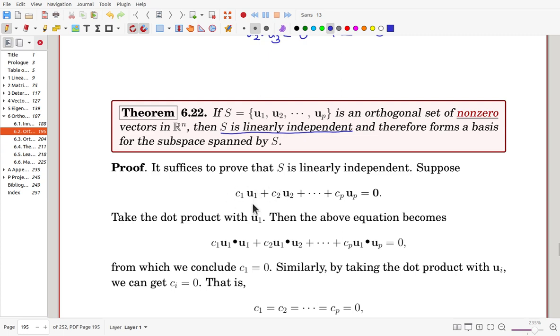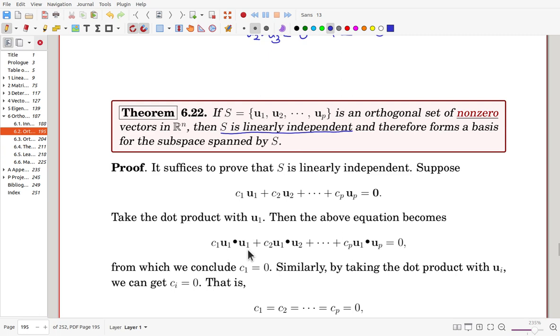Here, we start with the linear combination equal to 0. Then we have to show that every coefficient must be 0. For example, to show C1 is 0, we take the dot product with U1.